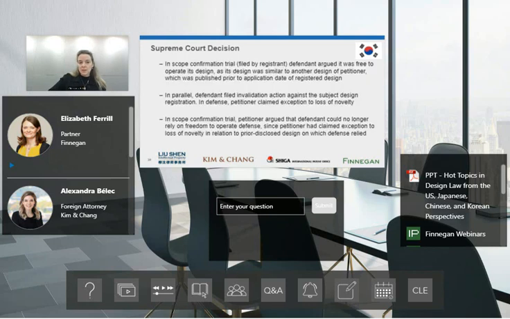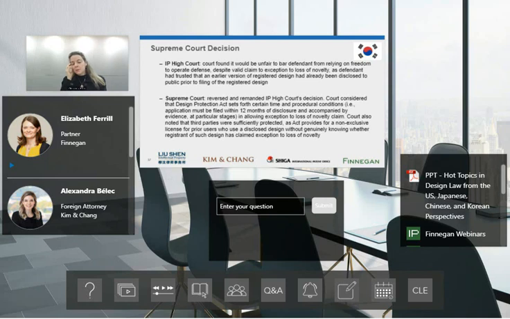So let me just turn to the slide. At the lower appeal court level, the Intellectual Property High Court, the arguments of the petitioner were rejected, and the IP court said in its judgment that it would be unfair to bar the defendant from relying on the freedom to operate defense, despite the valid claim to the exception to loss of novelty, because the court found that the defendant would have trusted that there was an earlier version of the registered design that had already been disclosed to the public prior to the filing of the registered design.